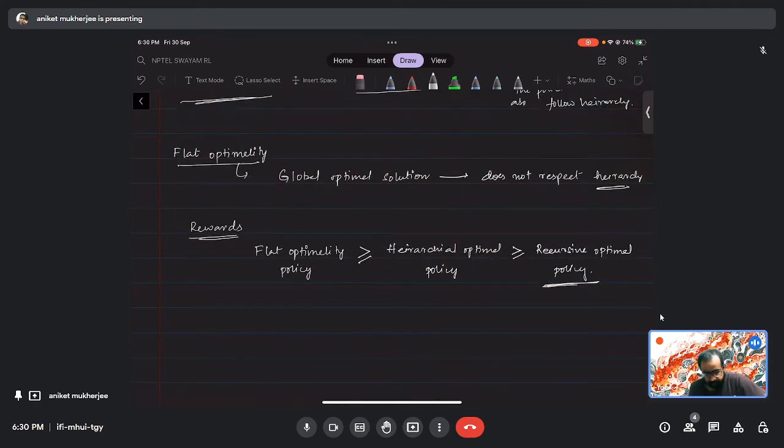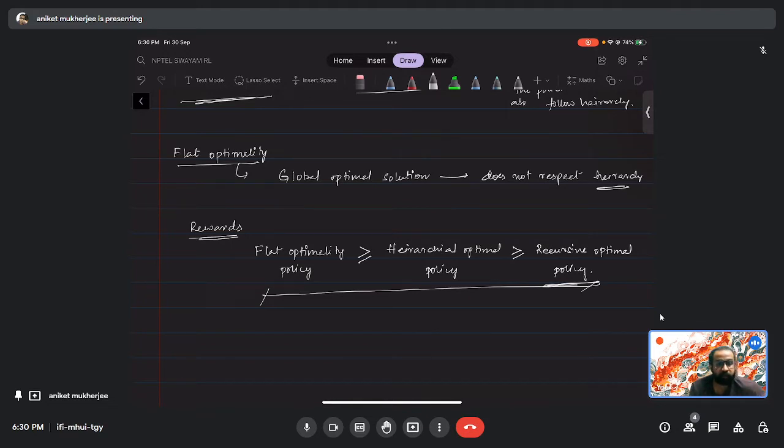So these three are basically the types of optimality that you can get in hierarchical reinforcement learning, and you would be trying to find a policy based on one of the three optimalities.